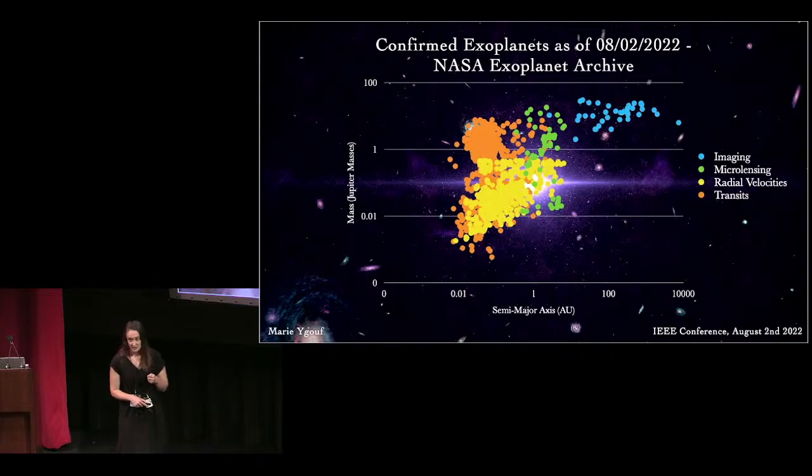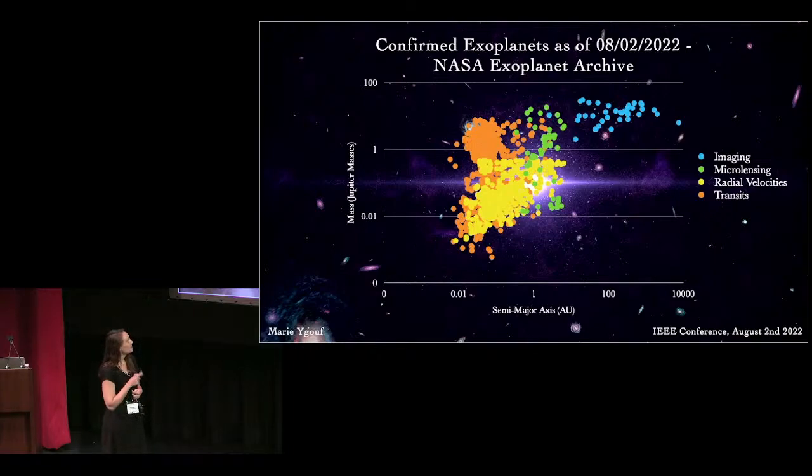The first advantage, which you can see clearly on this plot, is that it actually targets a pretty different population of exoplanets than the indirect techniques. The indirect techniques are kind of blind to those very widely separated exoplanets that are also pretty young and pretty massive and pretty luminous, especially in the infrared.